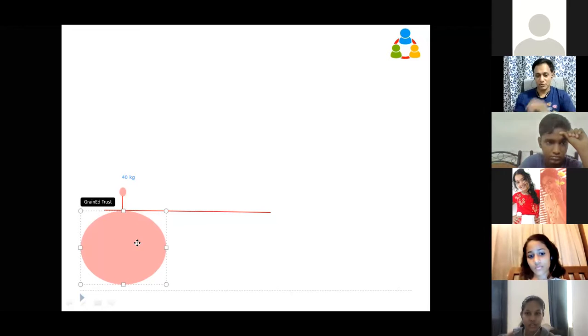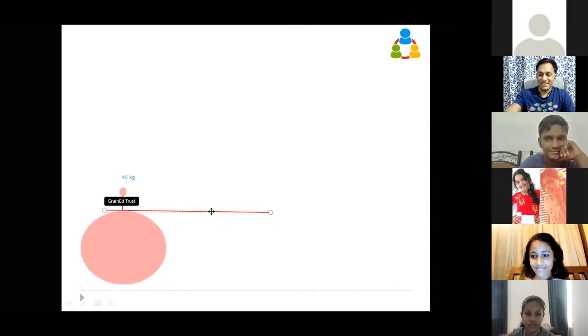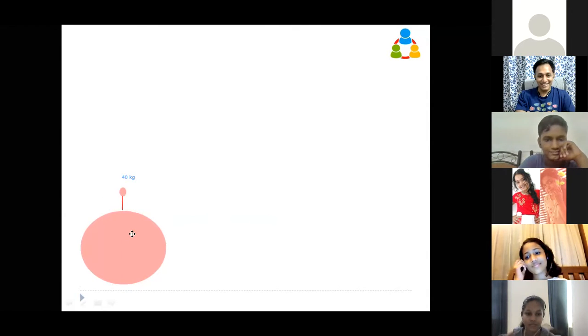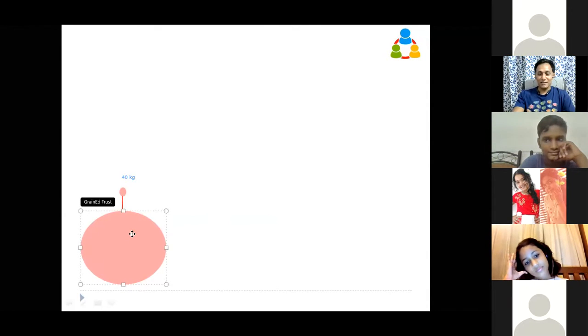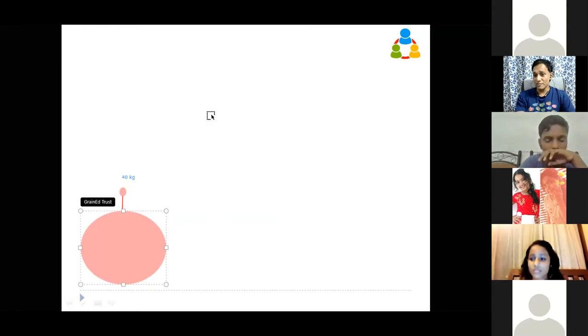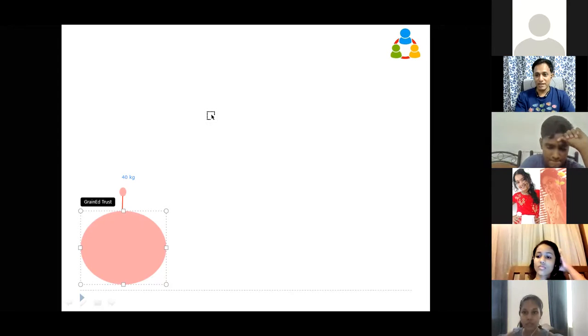I slightly modified the Earth, made it round. Now I made Alan standing. You said it is gravity, it is gravitational attraction. What are the important things to consider about this gravitational attraction?